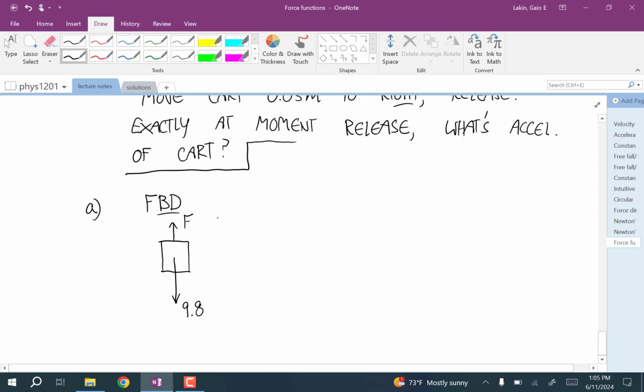We know that the change in length of the spring is 0.04 meters, and so the spring stiffness is 9.8 divided by 0.04 meters. This is newtons, this is meters, and so you get an answer of 245 newtons per meter.